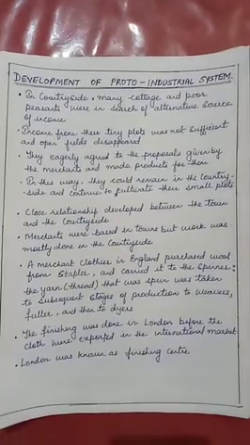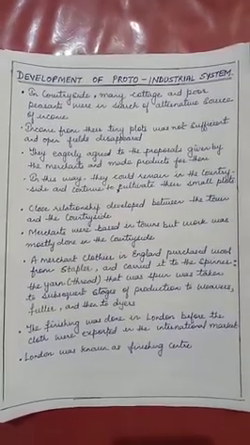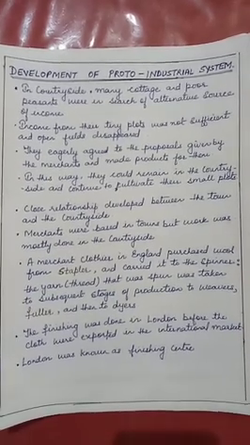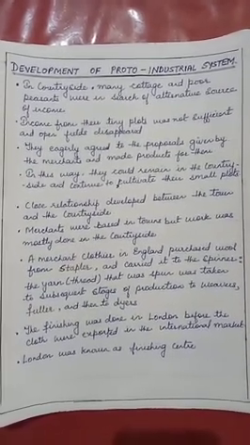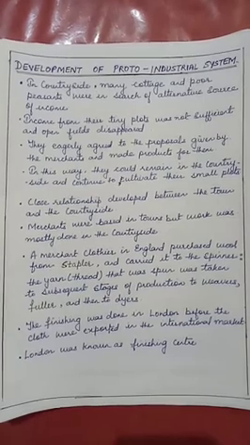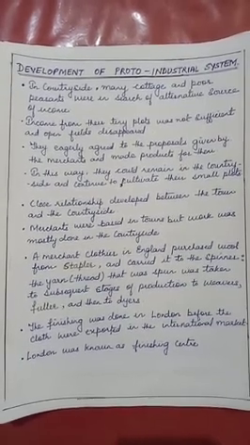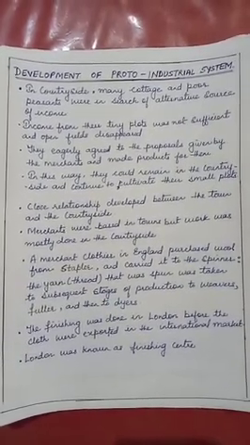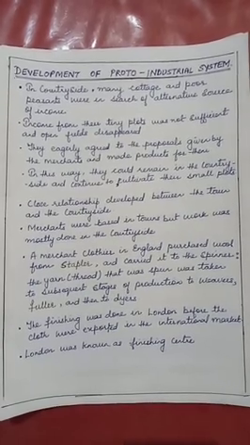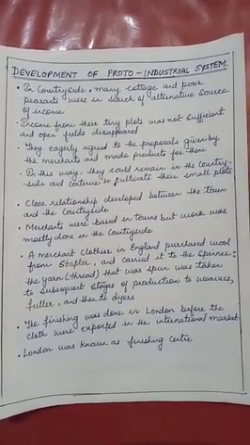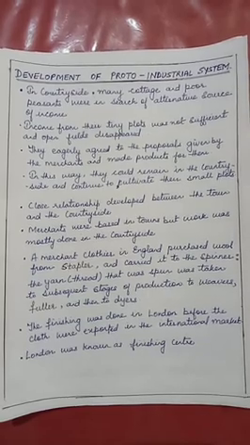Development of the proto-industrial system. In the countryside, many cottagers and poor peasants who were dependent on common land for their survival had to look for an alternative source of income. This was a time when open fields were disappearing and commons were being enclosed.